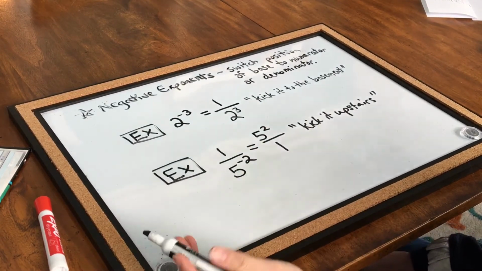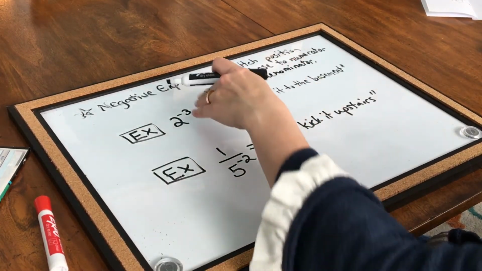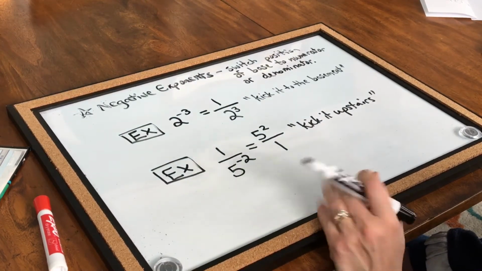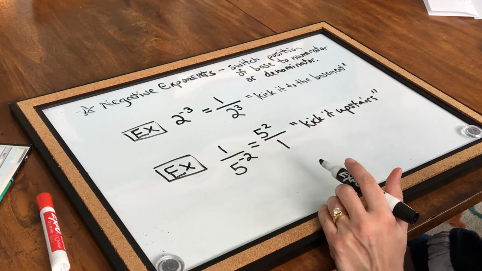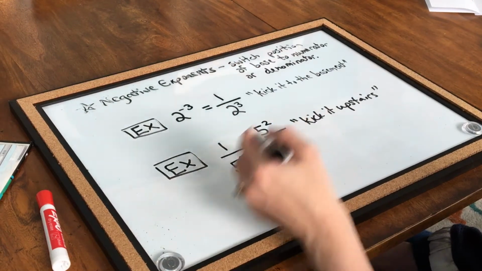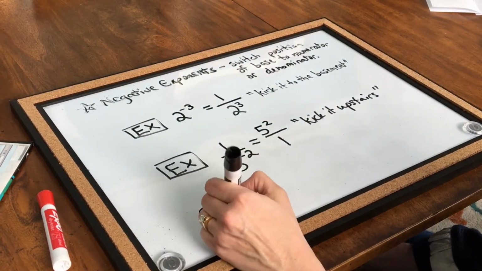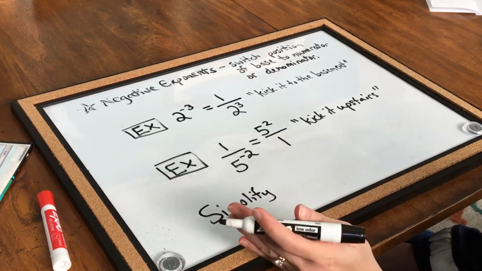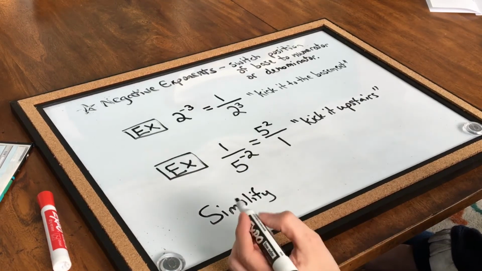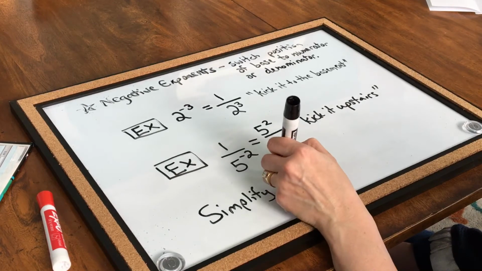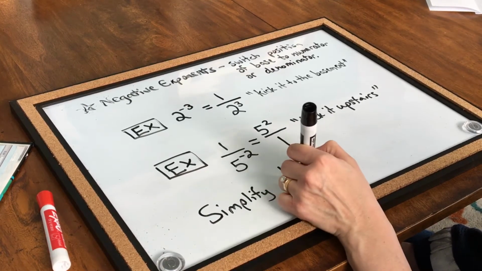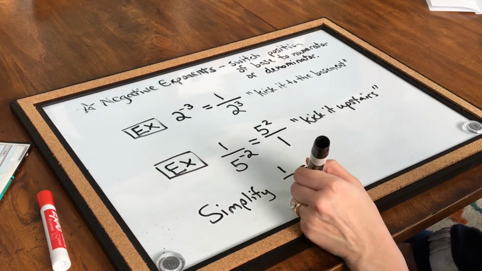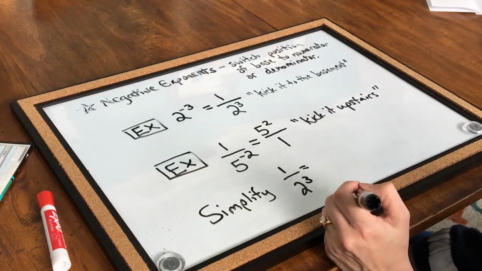Okay? Now, when you get these expressions, neither one of these are fully simplified, right? So when you get an expression, you always want to simplify it first. So simplifying it means that we're actually going to do the math. So what that means is 1 over 2 to the 3rd power, 2 raised to the 3rd power equals 8.